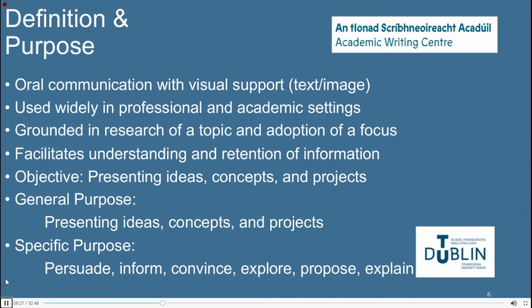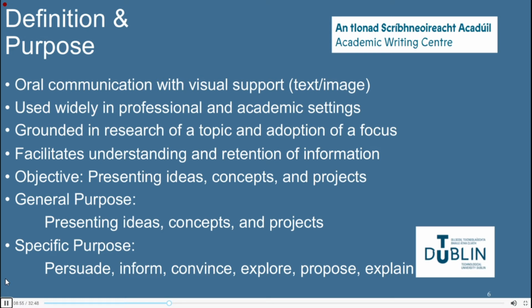The general objective of a presentation is to share and disseminate ideas, concepts, projects, to present to an audience, to our listeners, this idea or these ideas or concepts. But it may also have a specific purpose.